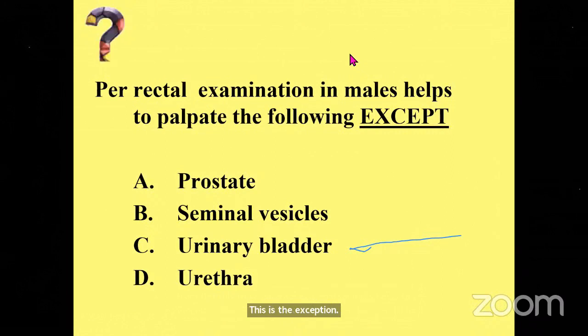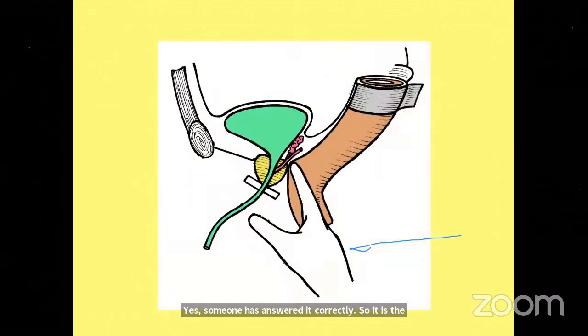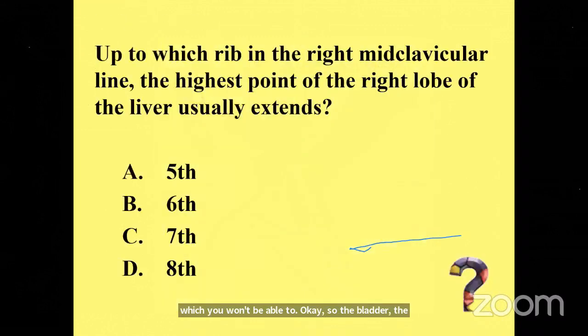Which structure you won't be able to palpate? Yes, someone has answered it correctly. So it is the urethra which you won't be able to palpate. Okay, so the bladder, the rectum, seminal vesicles, all you can palpate, but the other one is prostate, and inside it you get the urethra.